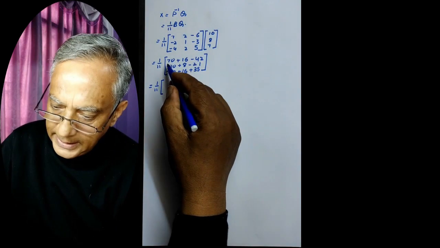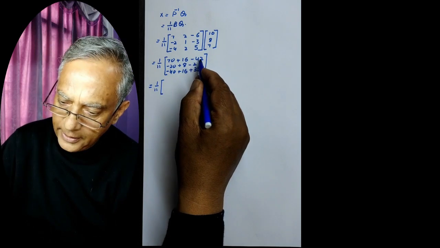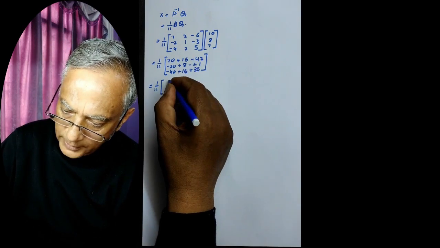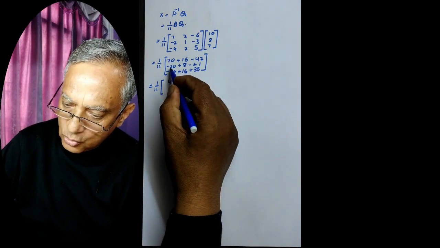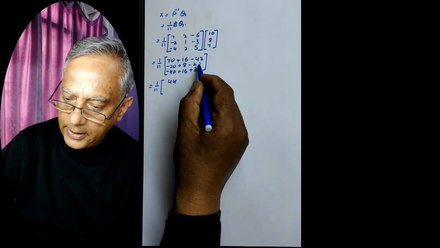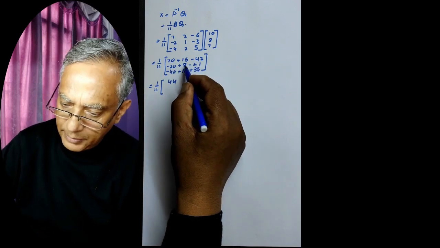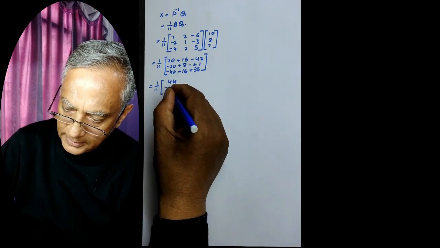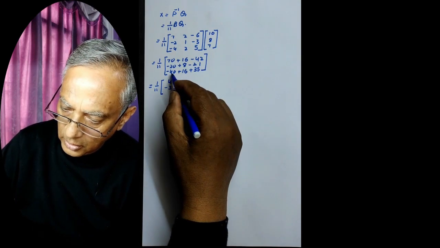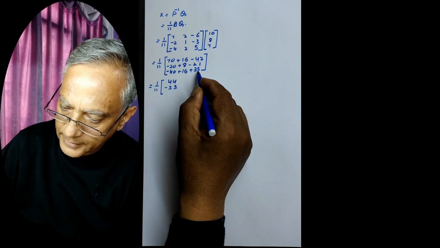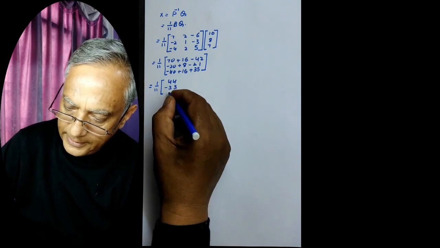And this is equal to 1 by 11 into. Now this is 86. 86 minus 42 is 44. We have 44. This is minus 20 minus 21, minus 41. Minus 41 plus 8 is minus 33. And minus 40 plus 35 is minus 5. Minus 5 plus 16 is 11.